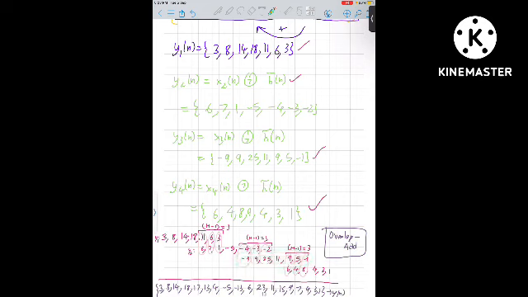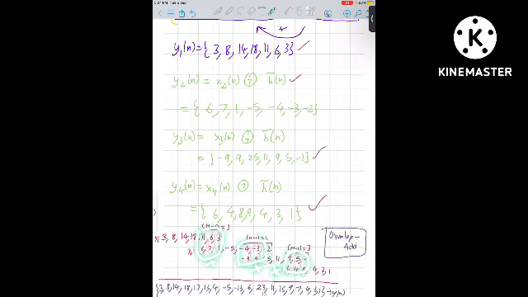I guess these are not visible properly, so I'll use some other pen. 3, 8, 14, 18, 17, 13, 4, minus 5, minus 13, 6, 23, 11, 15, 9, 7, 4, 3, 1.